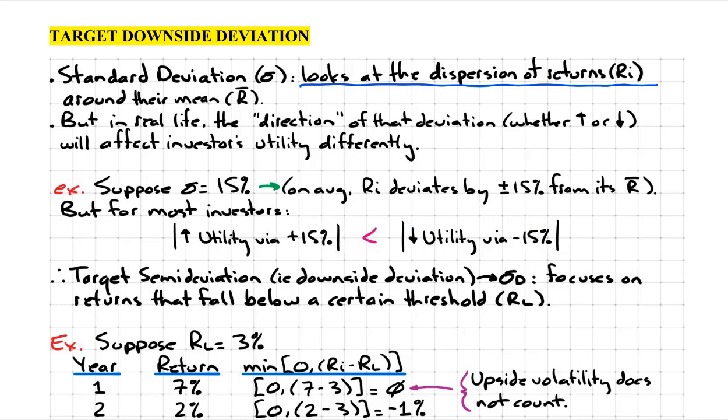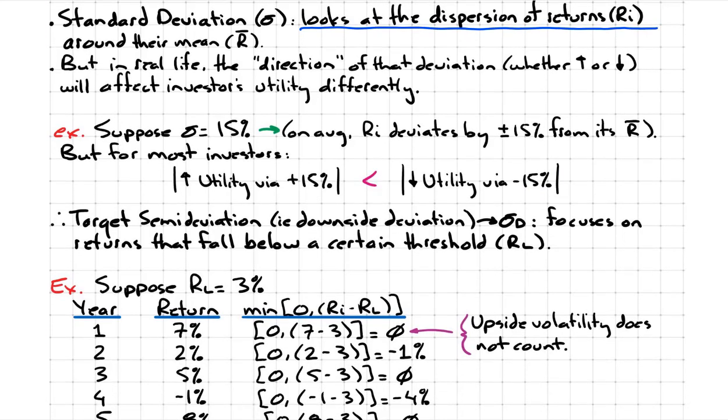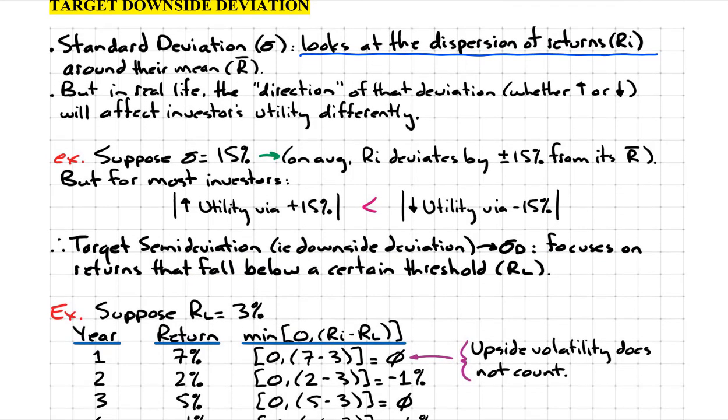And this is where target semi-deviation comes in, or downside deviation, because it focuses on returns that fall below a certain threshold. So ladies and gentlemen, the big picture is as follows. Standard deviation is symmetric. It says the deviation is plus or minus 15%.